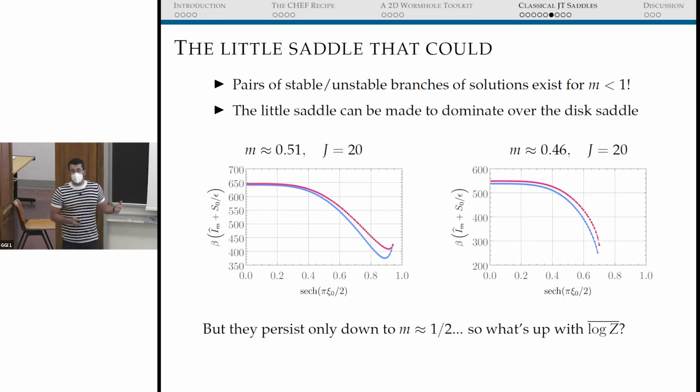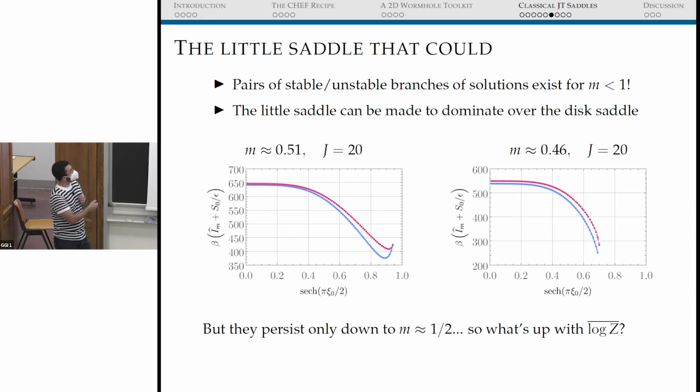One of the things we observe is that all the branches of solutions we find for m smaller than 1 terminate at m equals 1/2. At least numerically, it's very hard to find continuations of these branches for smaller m or new branches. So they seem to stop existing at m equals 1/2.